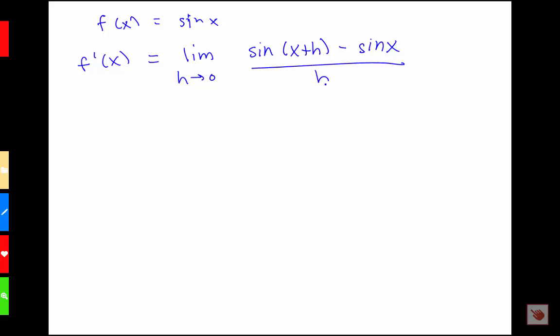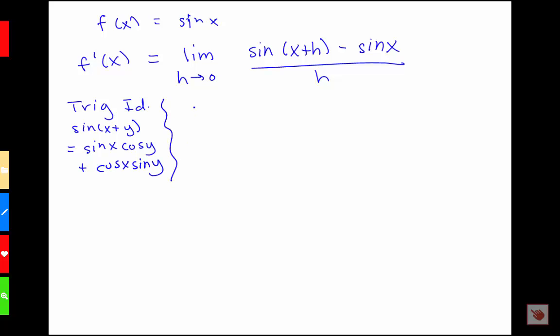Okay. So using the techniques that we have so far, it seems like we won't be able to simplify this, but what we actually have to make use of to get this limit started is a trig identity. So we're going to use the trig identity that sine of x plus y, of the sum of two angles, is sine x cosine y plus cosine x sine y.